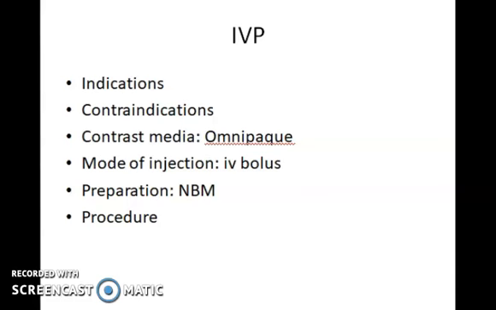Then we take serial films, that is, the excretory pyelograms are taken at 5, 10 and 30 minutes after the injection of the dye. The dye will reach the urinary bladder by 30 minutes.